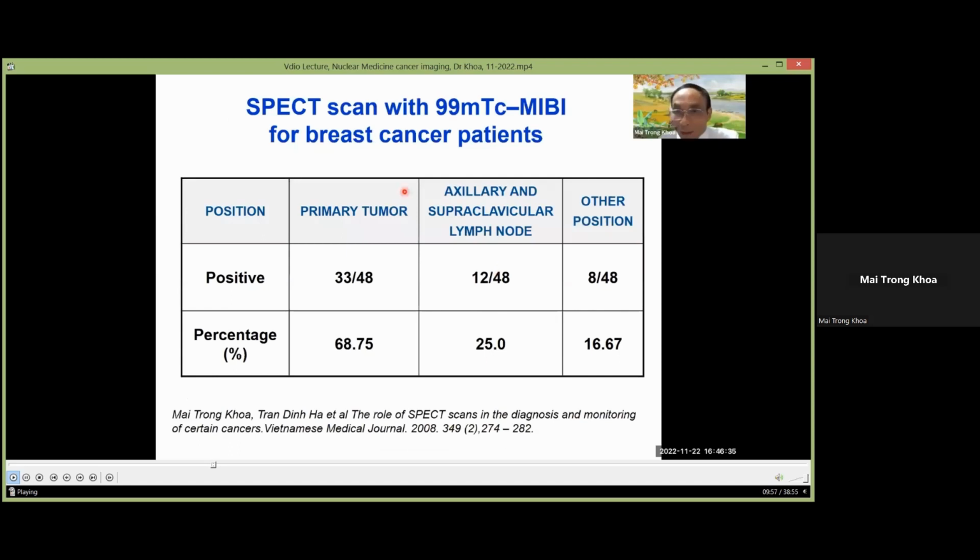And one result of our study shows that SPECT scintigraphy with 99mTc MIBI can detect the primary tumor in nearly 70% of breast cancer patients, and detect axillary lymph nodes and other positions at a low rate.